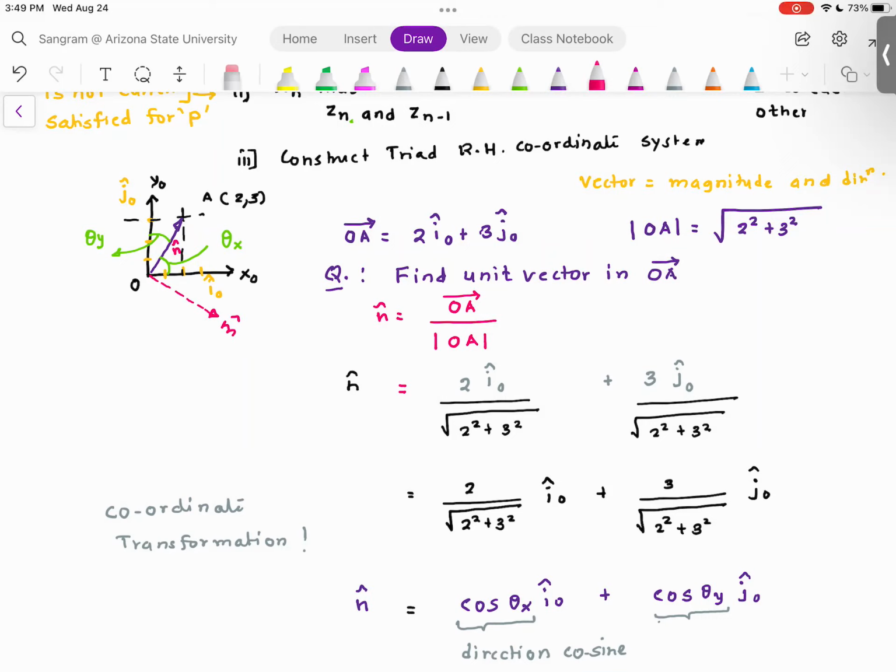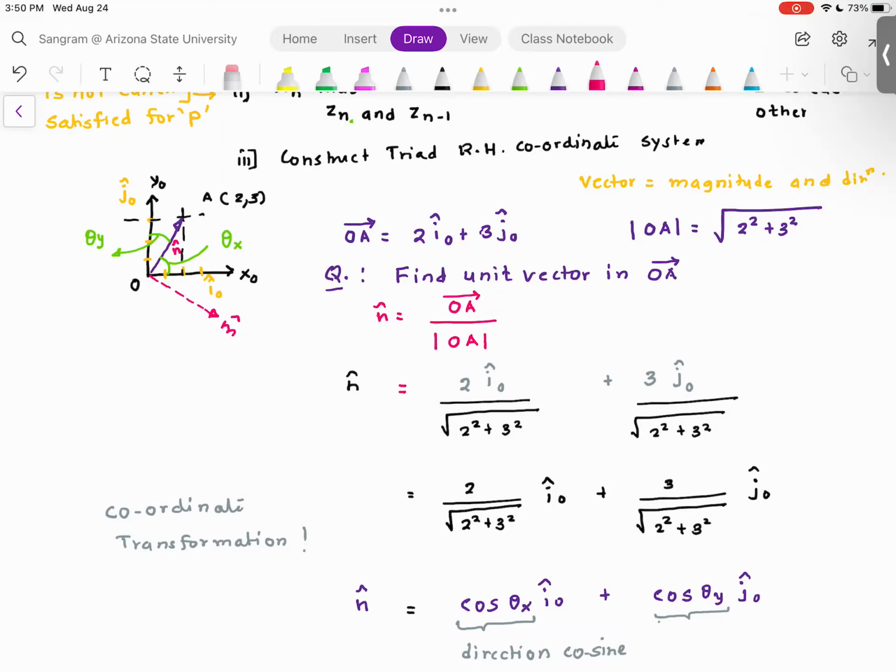What we did was actually a coordinate transformation. A is given in the x naught, y naught coordinate system, but with this coordinate transformation, in this particular case, it works out very simply. You express that same coordinate in the m hat and n hat coordinate system.